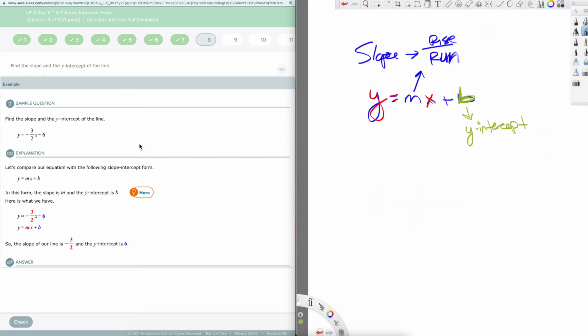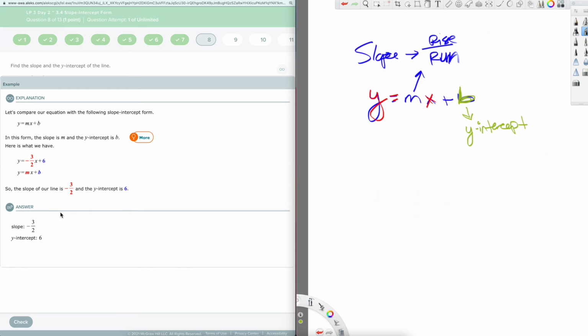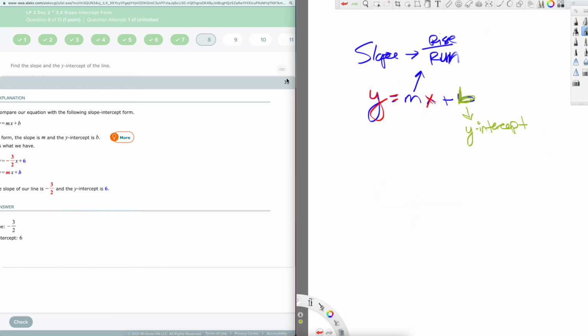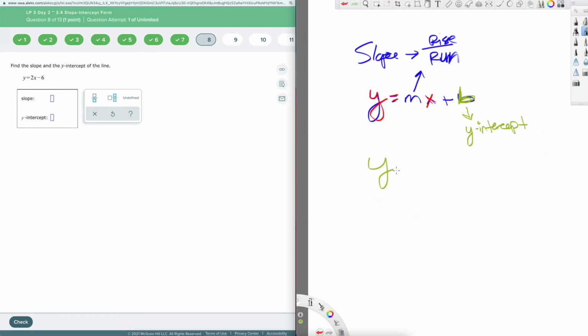But I can very quickly pull these two numbers out of the equation and immediately start graphing without having to do an XY table. So it's just a very easy way, if we have it in this form, to be able to pull numbers. So if I'm looking at y equals mx plus b, remember, the slope is next to the x. I'll do the same color coding I did here.